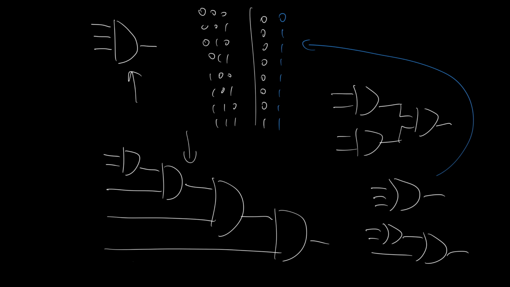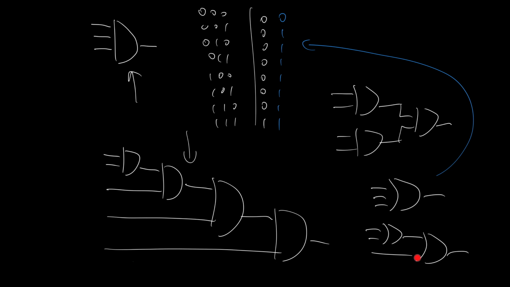So therefore, the only way for this to be 0 is if this is 0, this is 0, and this is 0, which is exactly the truth table we want for a 3-input OR gate. And once again, each of these 2-input OR gates can be replaced by 3 NAND gates.